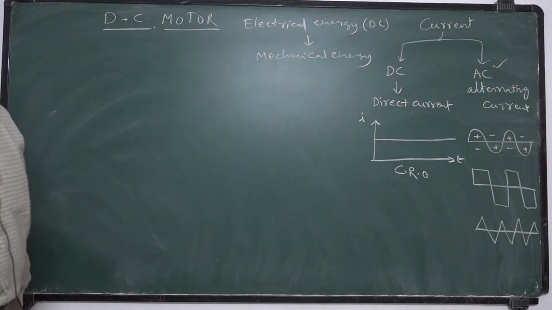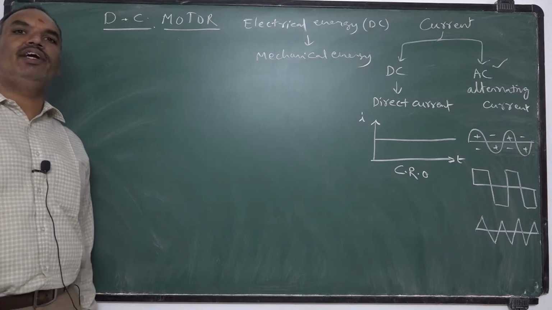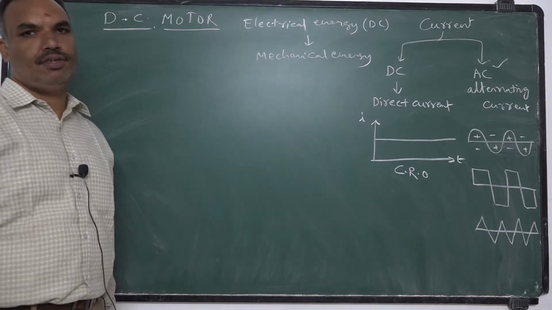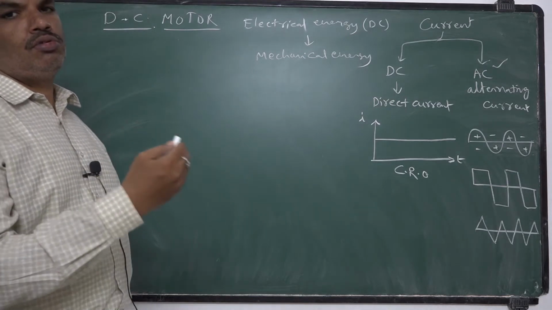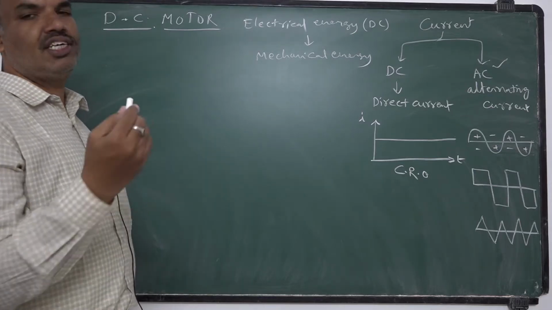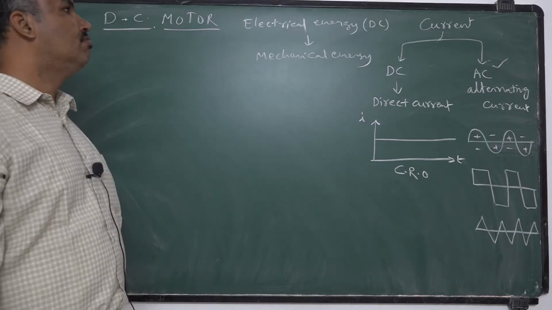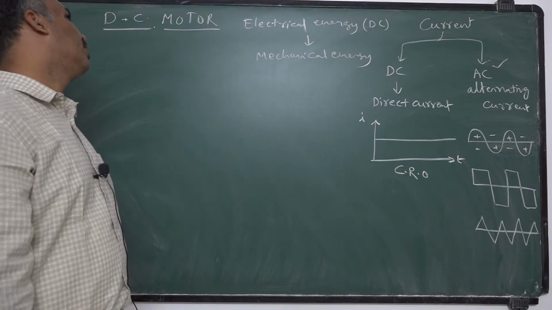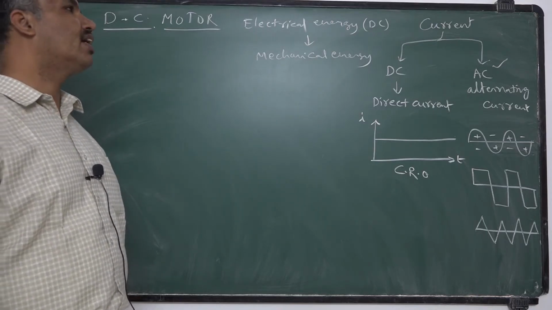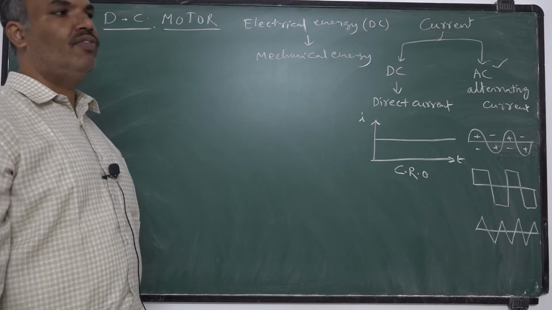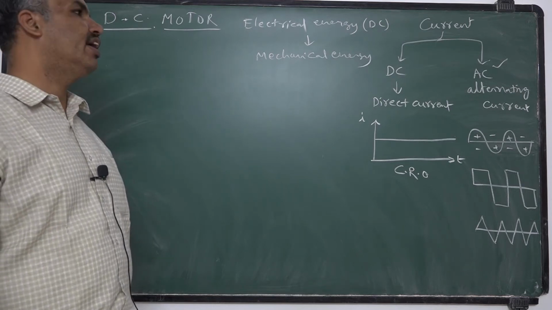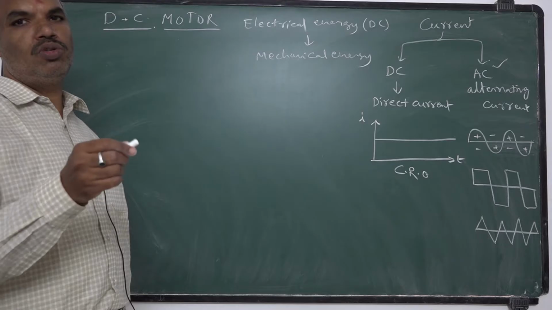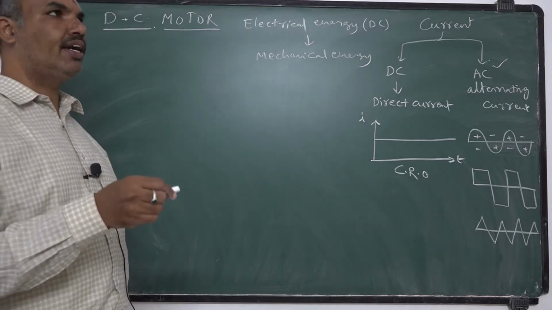This principle is applicable in DVD drives. In order to move the DVD disc in a circular motion, we require the support of a motor. That motor utilizes direct current power. Even in tape recorders in the olden days, we used a DC motor to move the magnetic tape.